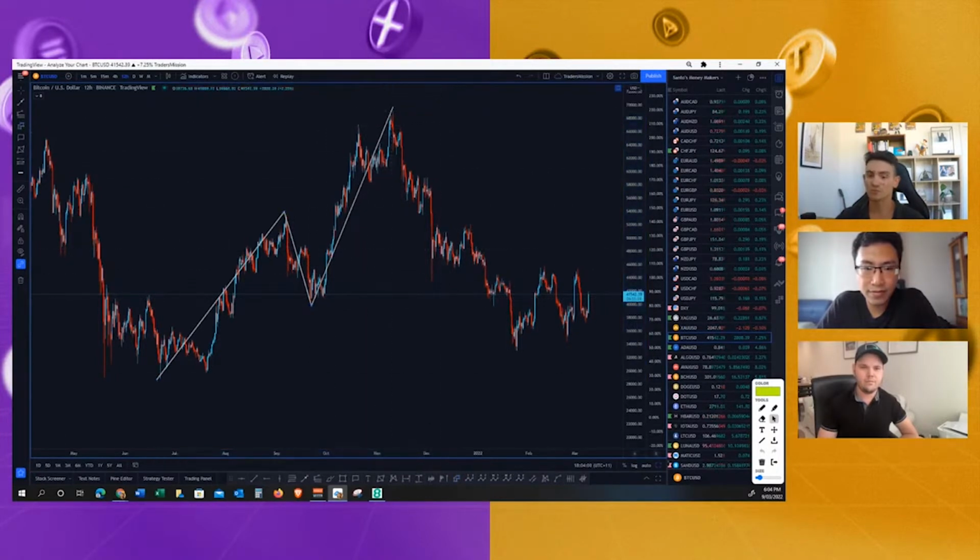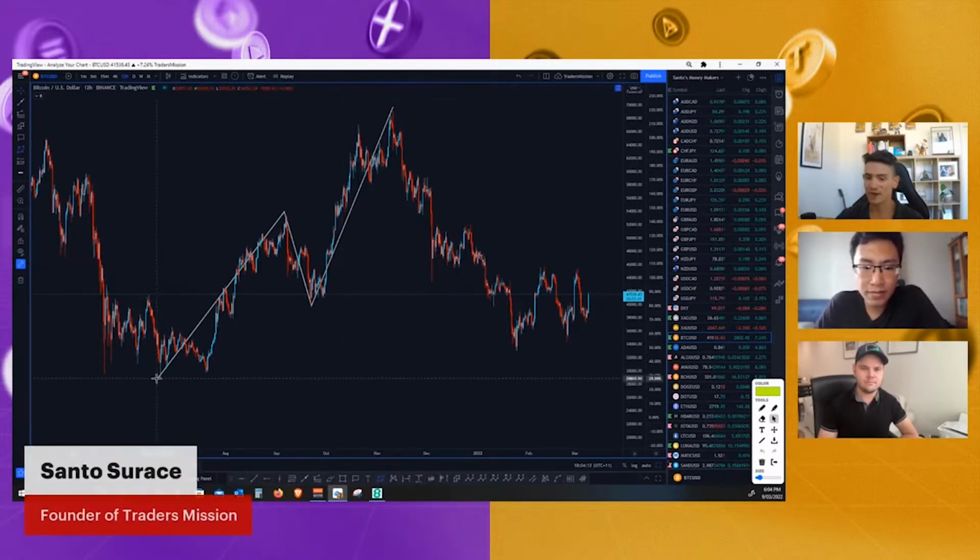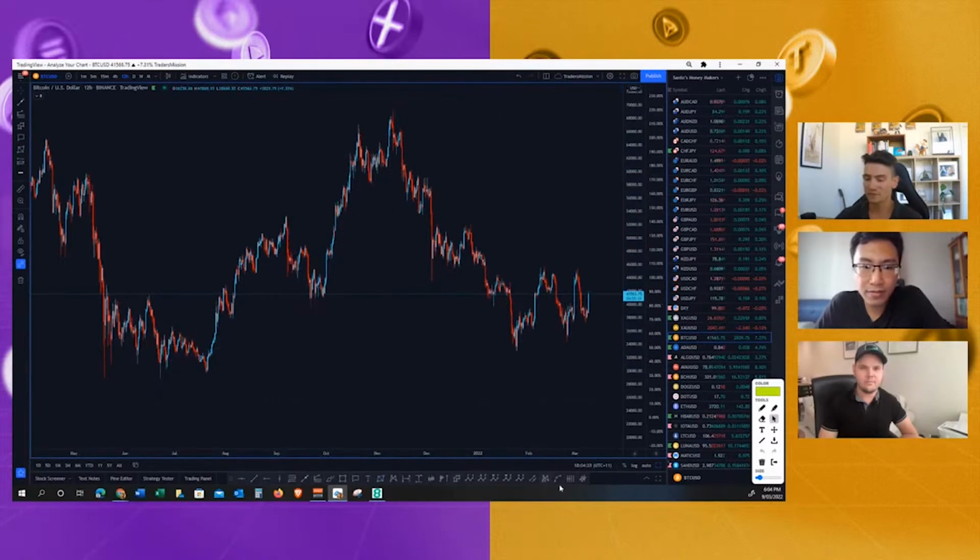In Elliott wave or any wave structure, an ABC is a three-wave pattern, or a WXY, which is also a three-wave pattern.